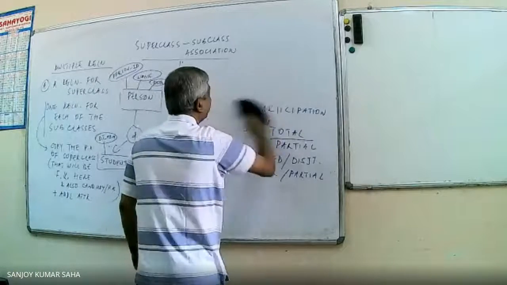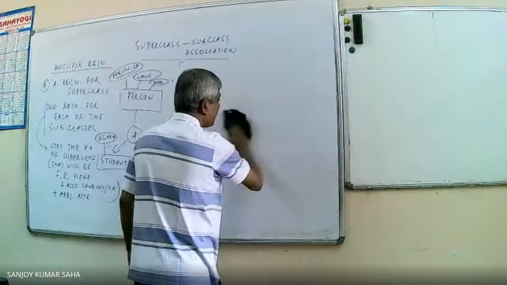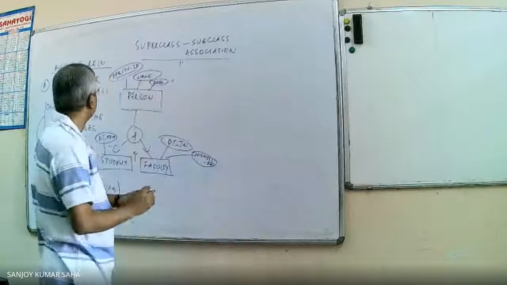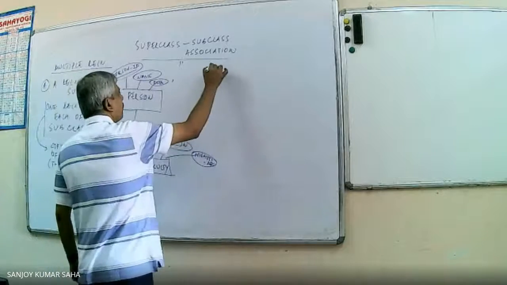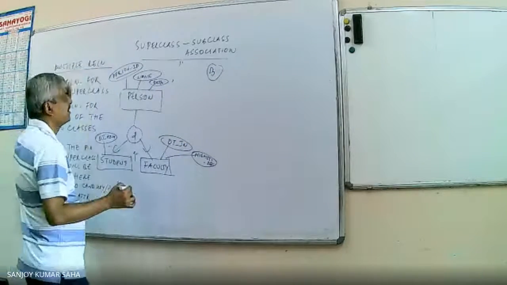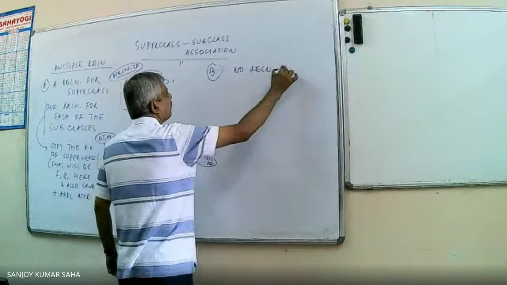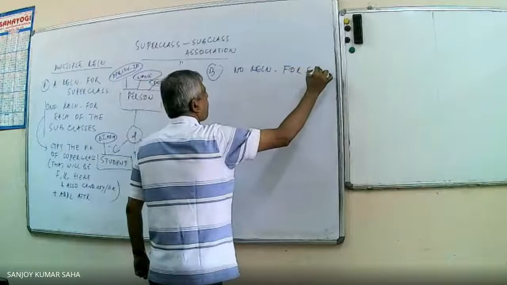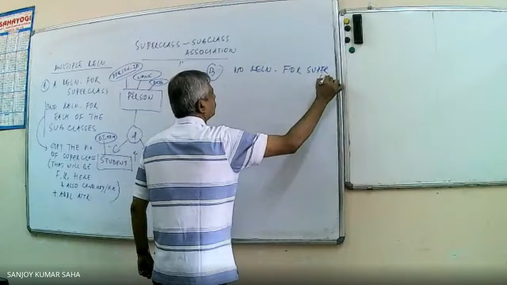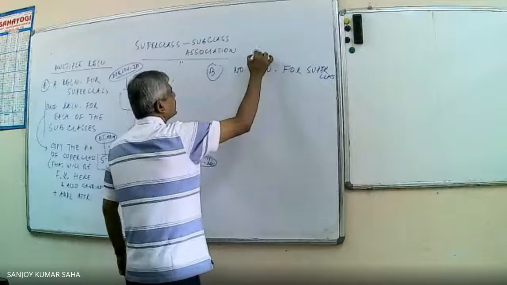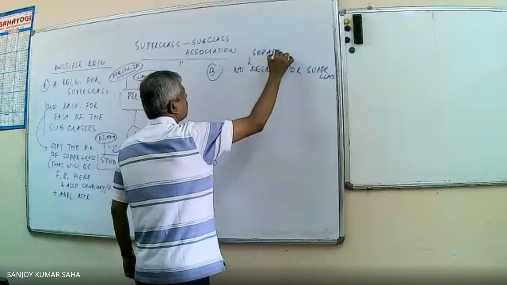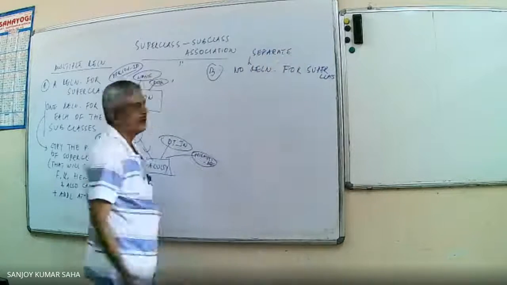Now, if we take another model, again multiple relations, but no relation for the superclass. No separate relation for the superclass.